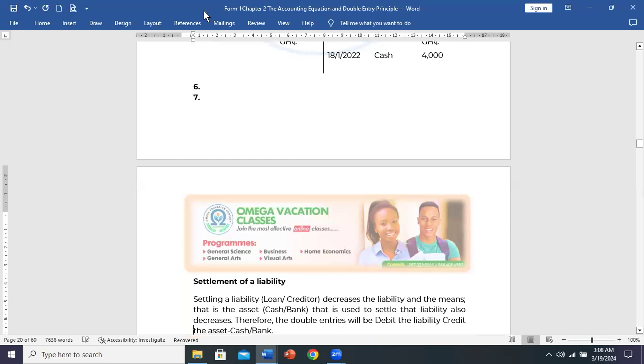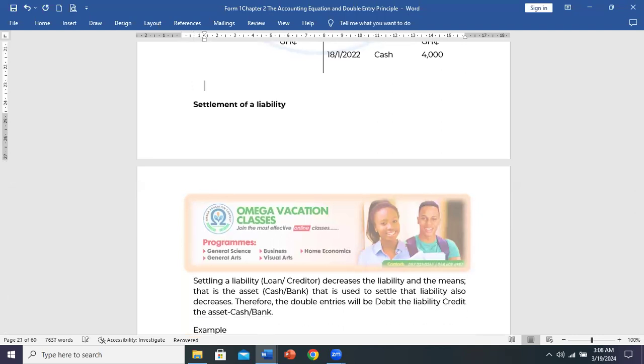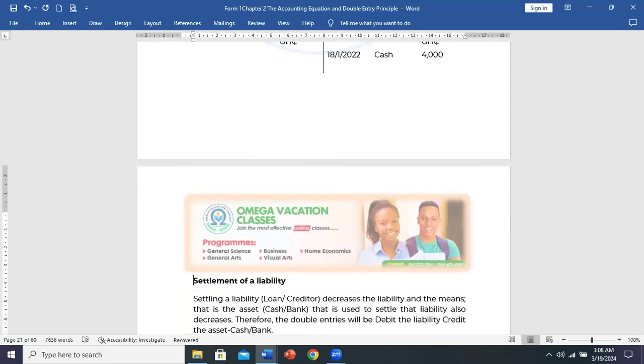Okay, settlement of a liability. So Prof. Alexia, what do you understand by settling a liability? What does it mean? Just something small to tell me.